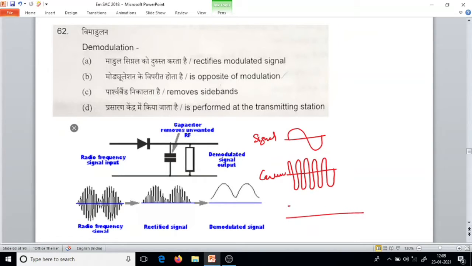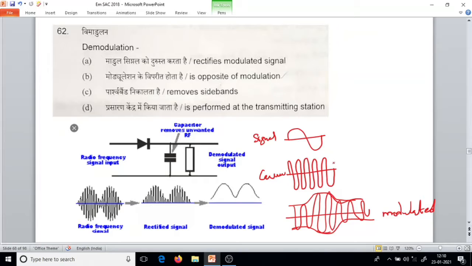So we will get a modulated signal like this, somewhat similar. This is the modulated signal we are transmitting. We have done the modulation and are transferring the information signal.